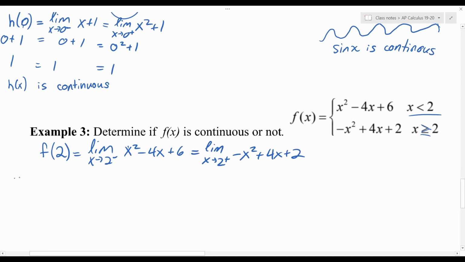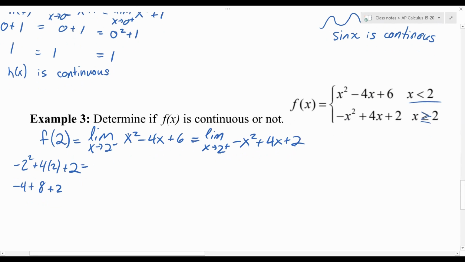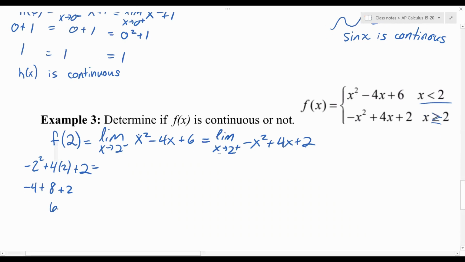So we have negative 2 squared plus 4 times 2 plus 2. So that's -4 plus 8 plus 2. That's going to give us 6. Let's look at our limit from the left.